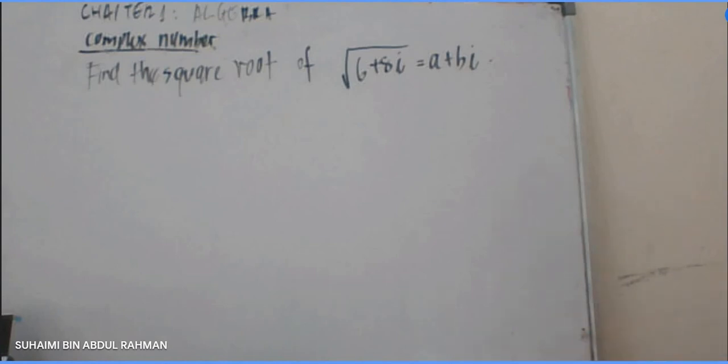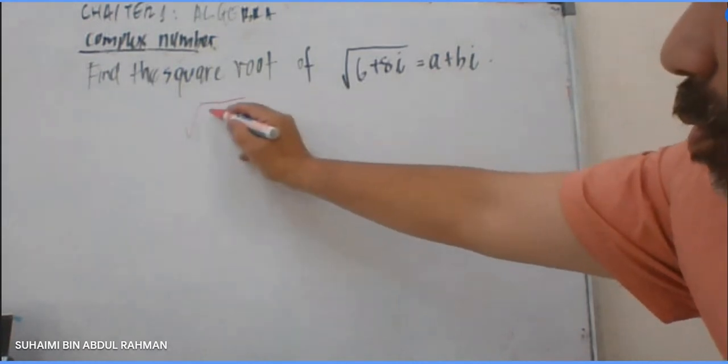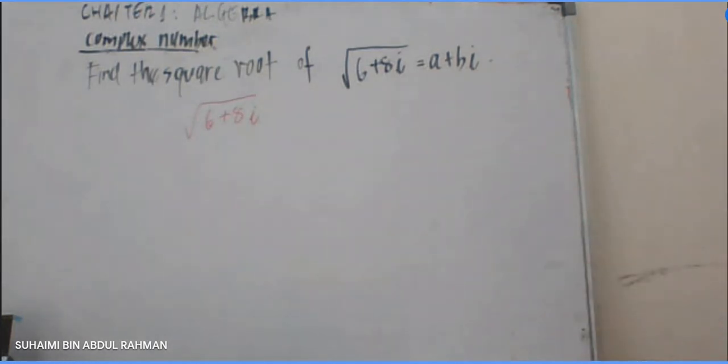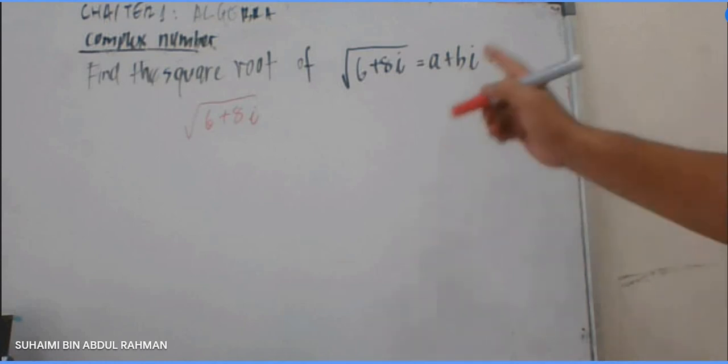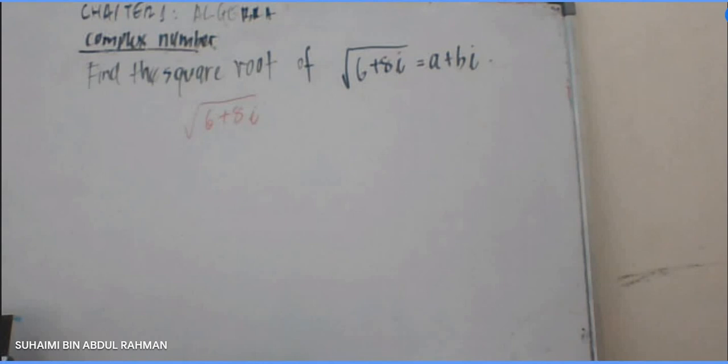So imagine this is a plus bi. In other words, we need to find what is a and what is b.